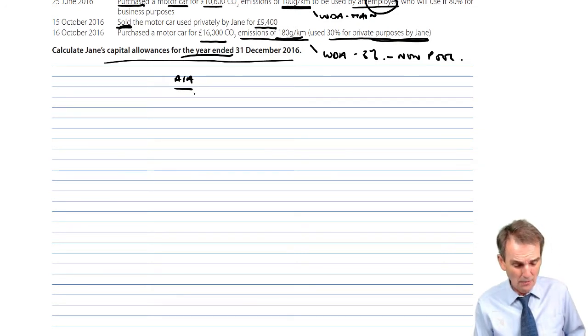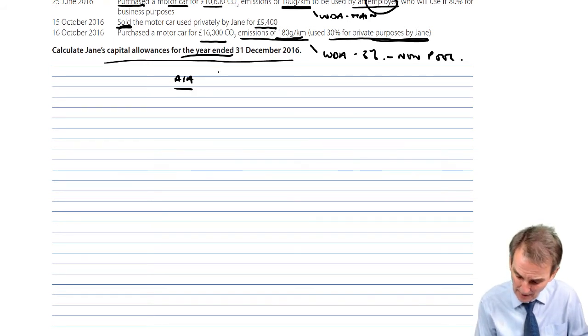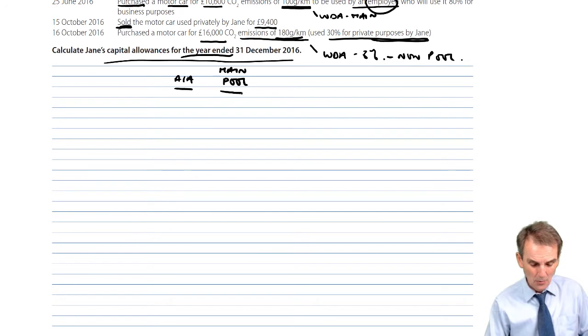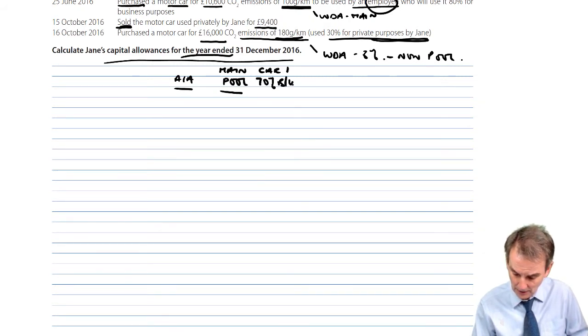We're also told that we inherited at the start of the period a main pool. So we've got our main pool to bring in. We also inherit at the start of the period car 1, shall we call it, that has 70% business use.